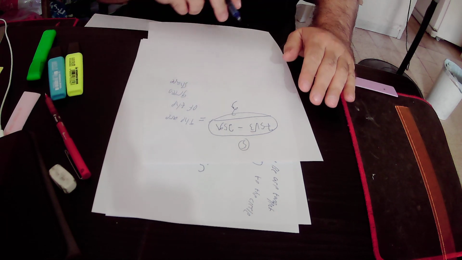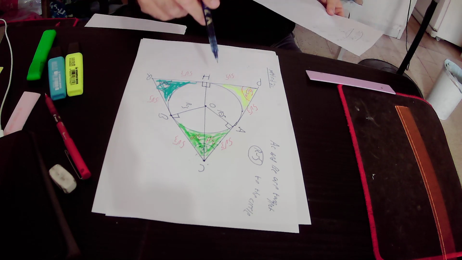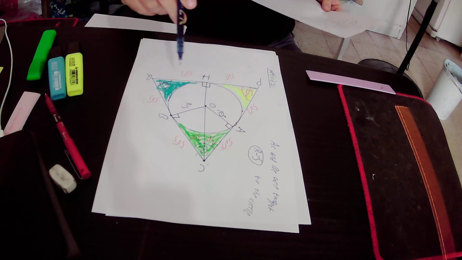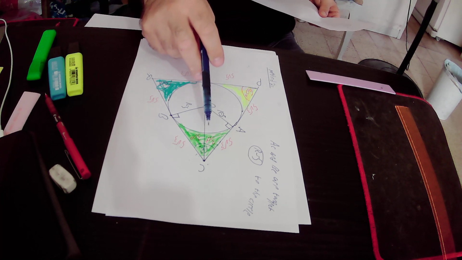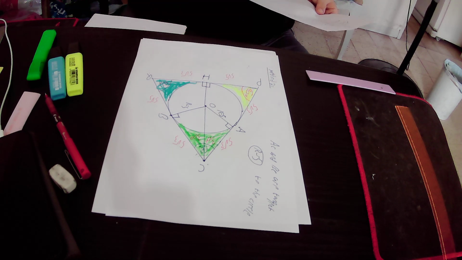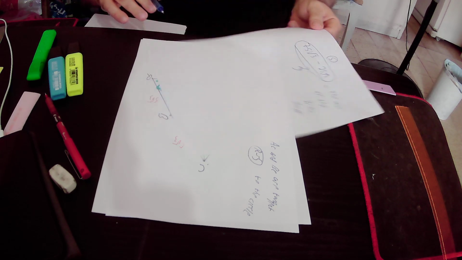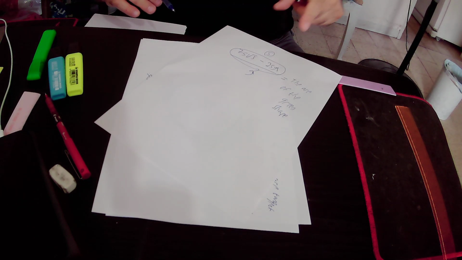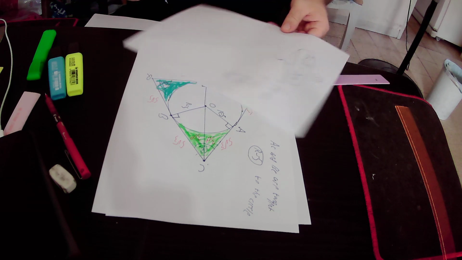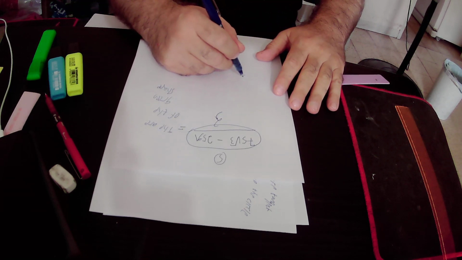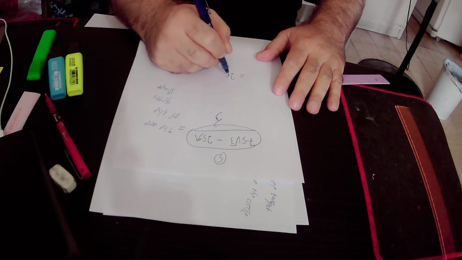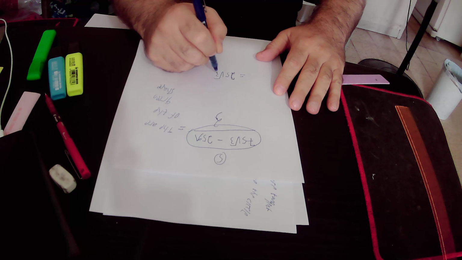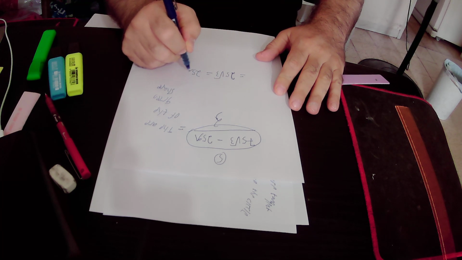That is what we were asked to find. So the area of the green shape will be equal to 25 times root 3 minus 25 pi over 3.